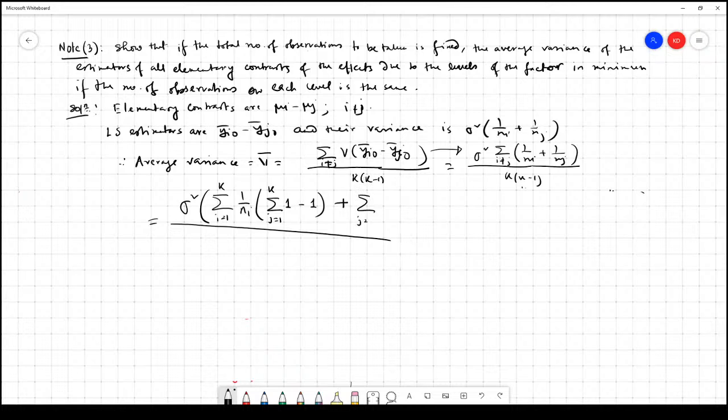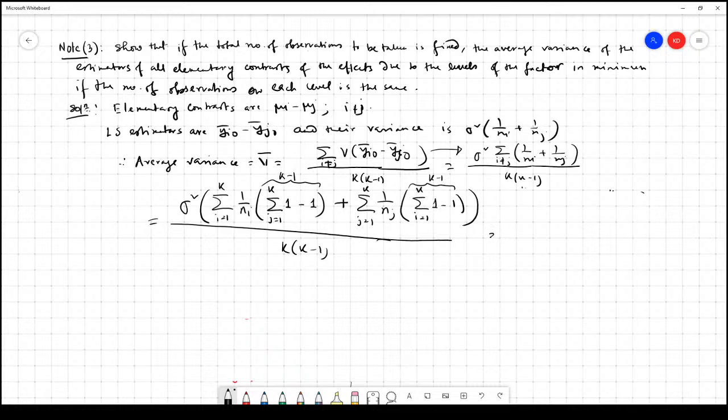j from 1 to k, these are the dummy variables. i from 1 to k minus 1. So this gives you, because 1 plus 1 plus 1 up to k gives you k, so it is k minus 1. Similarly you get this value, it gives you k minus 1.